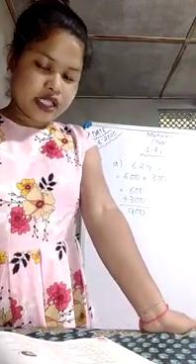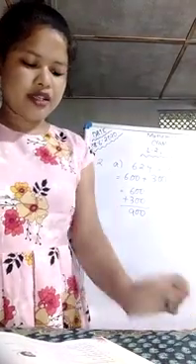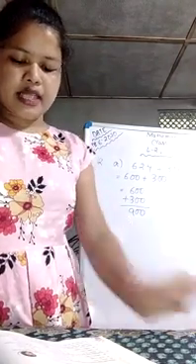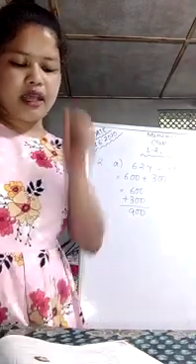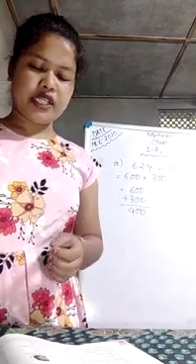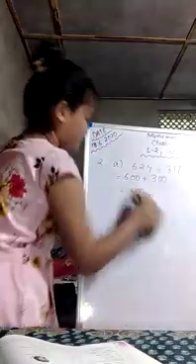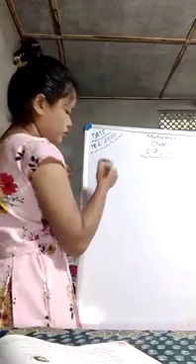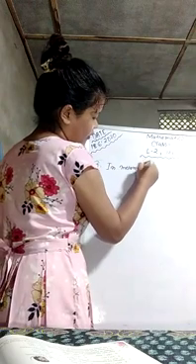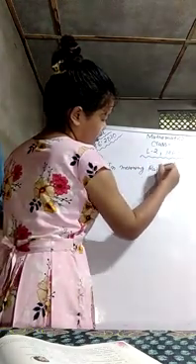Okay, now see question number 3. Rajan sold 153 apples in the morning and 216 apples in the evening. Estimate the total number of apples that he sold by first rounding off the numbers to nearest tens. Okay, it is a word problem. So in morning Rajan sold how many apples? 153 apples.